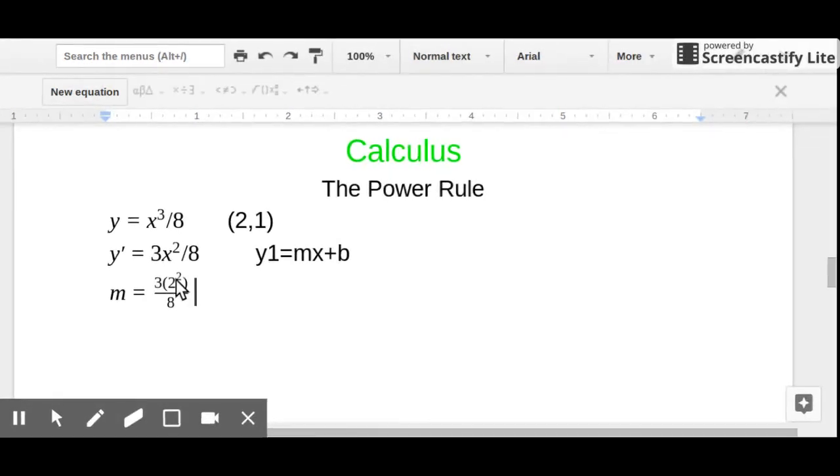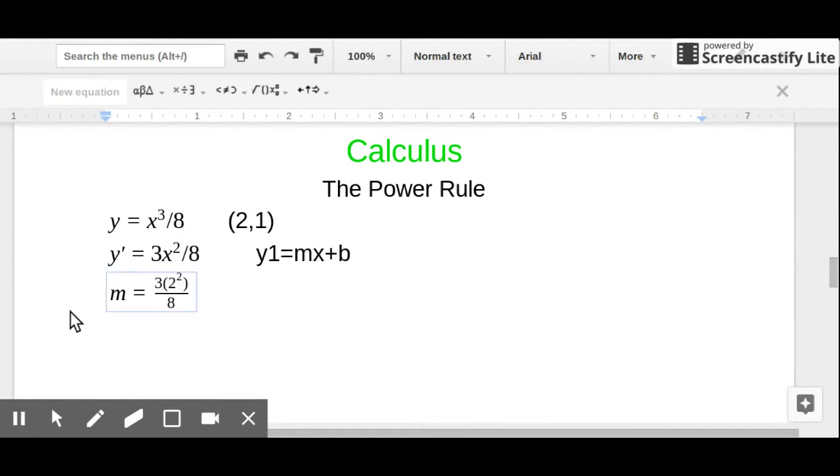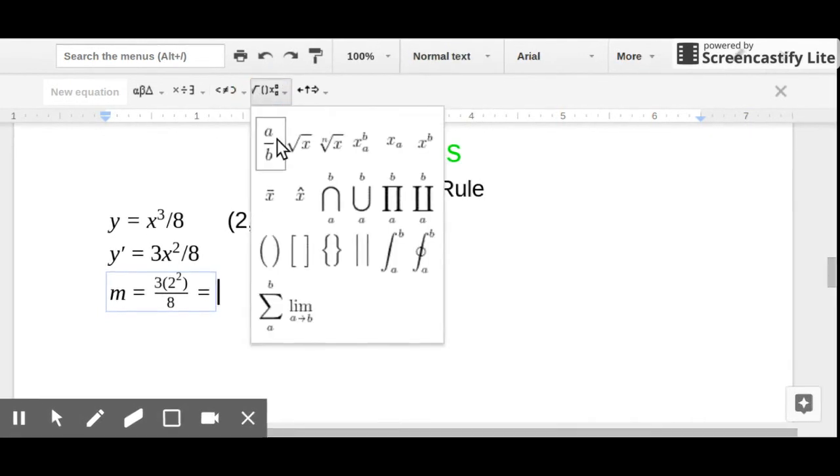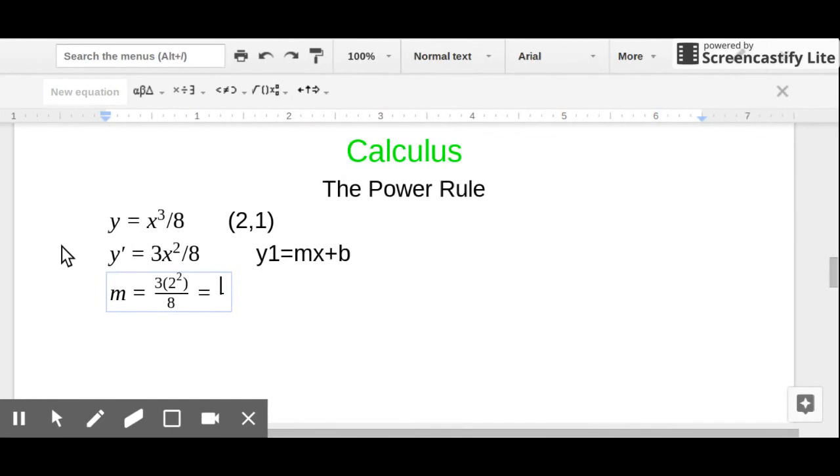2 squared is 4, and 4 goes into 8. Let's just write it out like this, or we're going to end up getting confused.